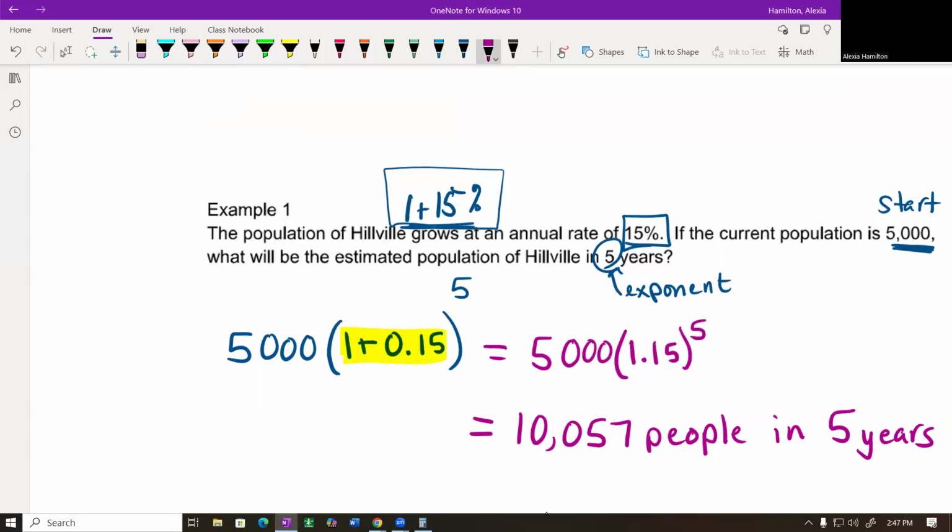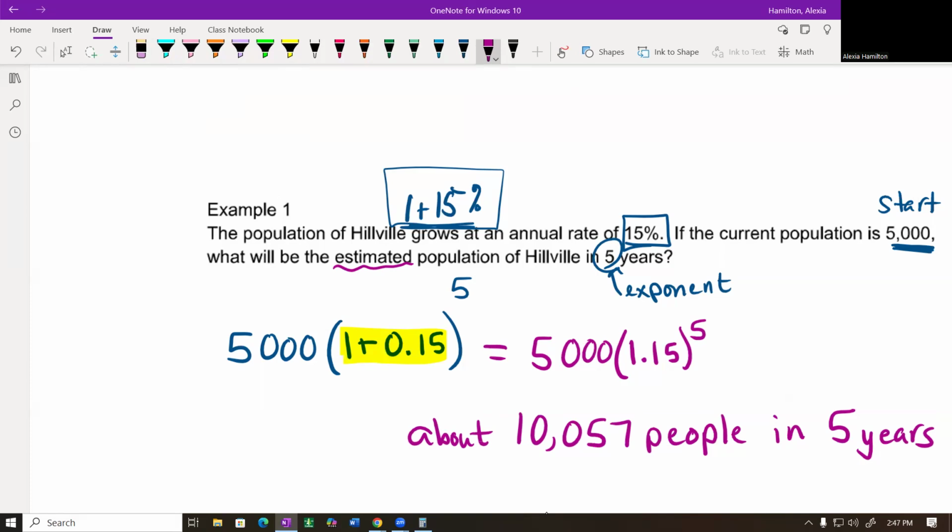And this is awesome because there are a lot of awesome things about exponential functions. We're talking about estimated, so about, because there are no clear directions as to where to round. Do I round to the nearest 10 people? Do I round to the nearest 100 people? Do I round to the nearest 1,000 people?